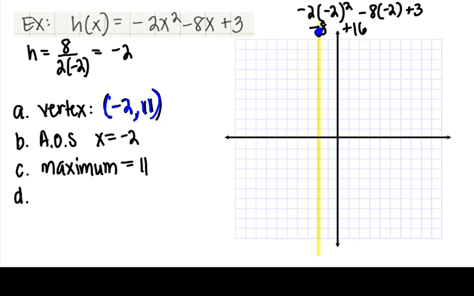My y-intercept is the value of y when x is 0, so that's going to be 0, 3. And my x-intercept I can find using the quadratic formula.